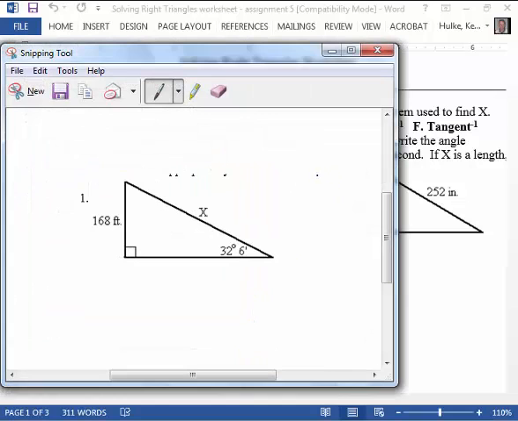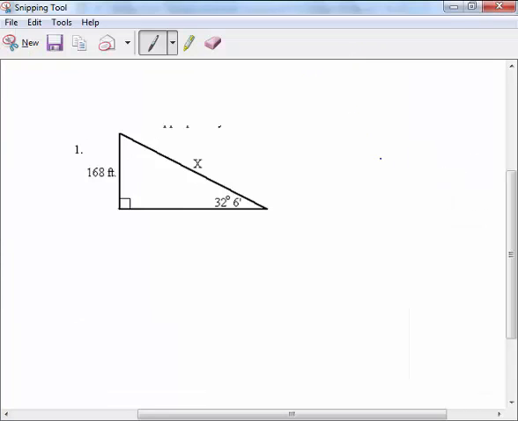It says it's 32 degrees 6 minutes, and we are supposed to find x. We are supposed to identify the correct function for this angle, since this is the hypotenuse, and for this angle this is the opposite side.